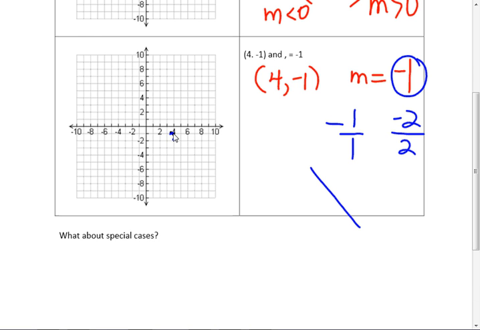You have to go over 1 and down 1, or you can go down 1 and then over 1. Put another point there. Put another one. Same slope all the way: go down 1, over 1. You should make a staircase out of it.